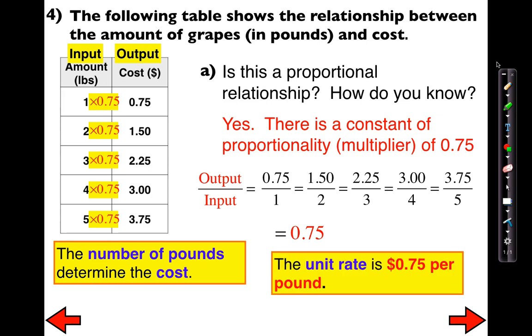So here I would say the unit rate is 75 cents per pound. If you're wondering how we got that value, simply include the units back into your number. So here, this was referring to the cost in dollars, and this one was referring to the pound. So here you can clearly see it's 75 cents per 1 pound.